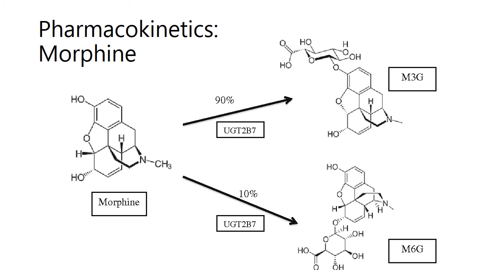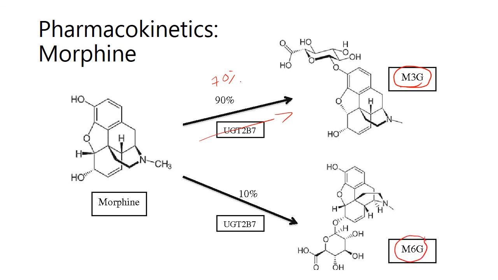Now it says 90% on this diagram here. I've also seen sources that say about 70% is metabolized through this pathway here to this, which is morphine 3-glucuronide. The other main metabolite of morphine is this morphine 6-glucuronide.